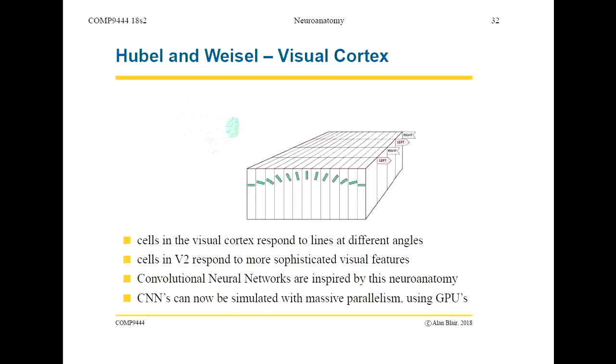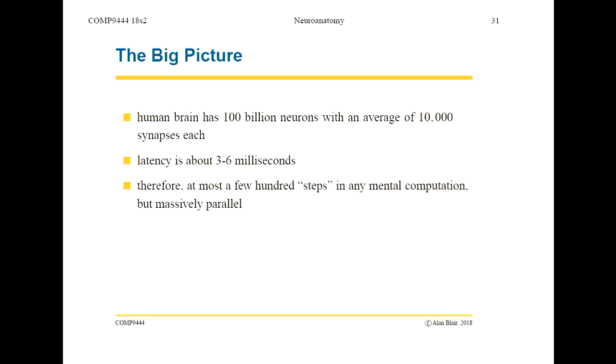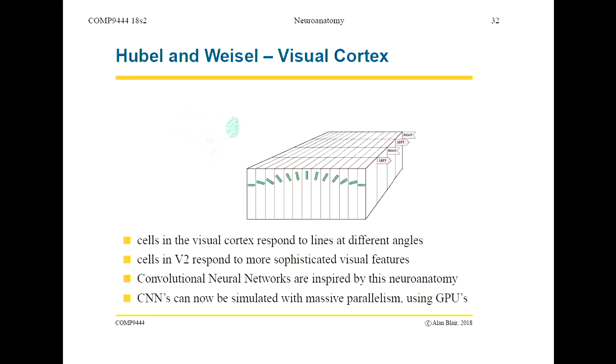Okay, now when we talk about the big picture, as I said, there's a lot about the brain we really don't understand. What's really going on in the cortex and so on, even today, realistically, we know very little about it. But there are certain parts of the brain that we understand very well.